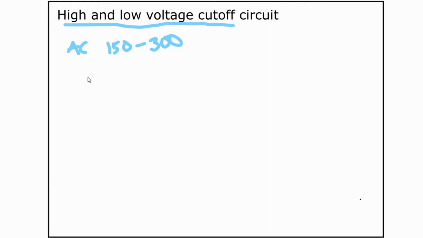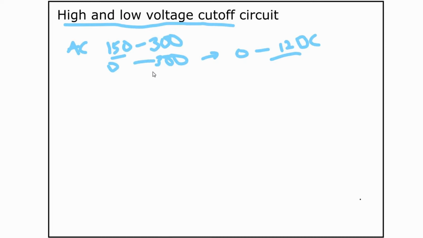So let's assume it varies from 0 to 300. If you are able to convert this 0 to 300 volts to 0 to 12 volts DC, then we can give it to a comparator and get the system to work.